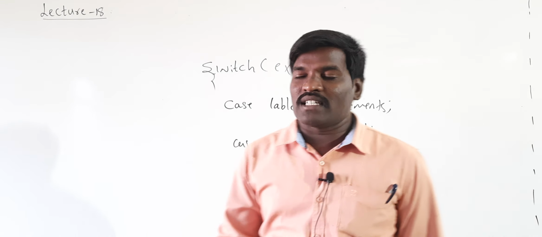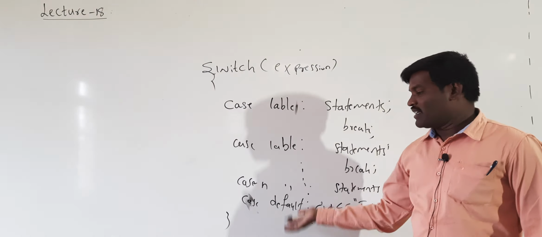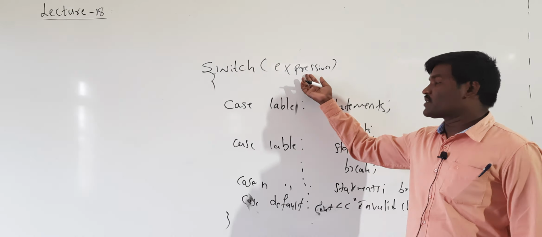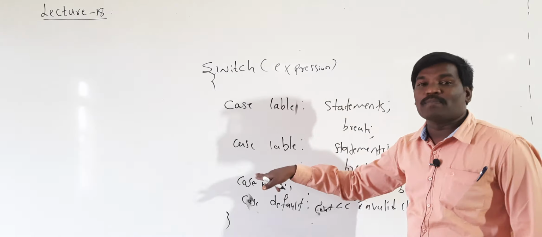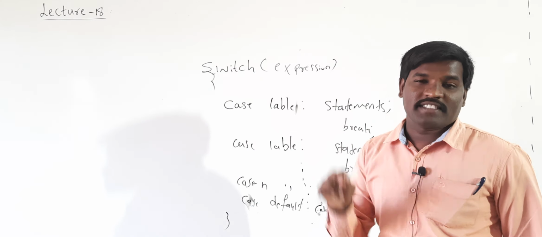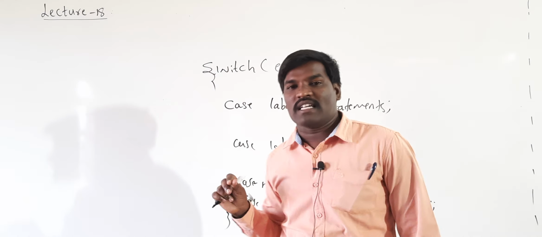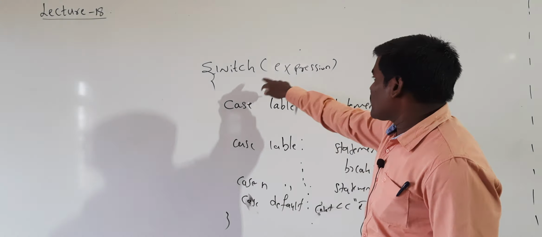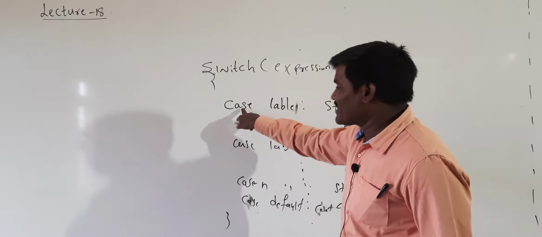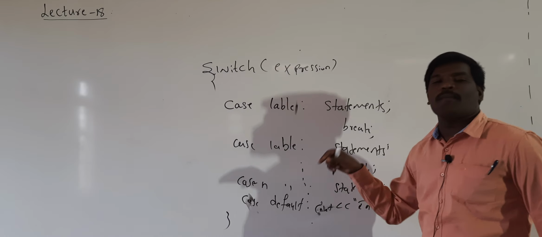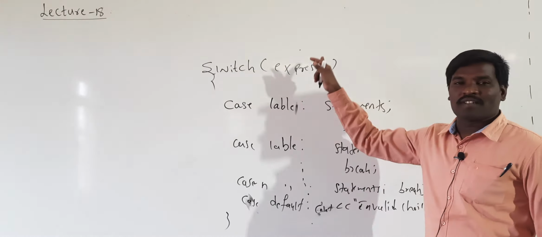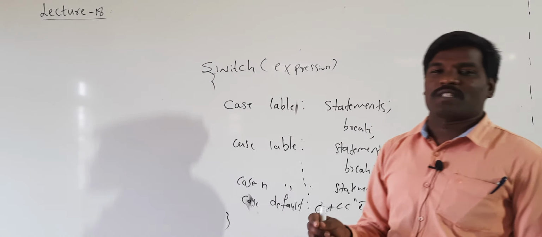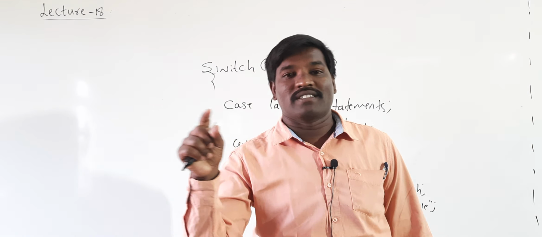So whatever labels we have to mention, here also we have to take the same type of value, either integer or character. For example, if I want to mention case A, case B, case C, case D, then the switch expression value must be in terms of character only, A, B, C, D.